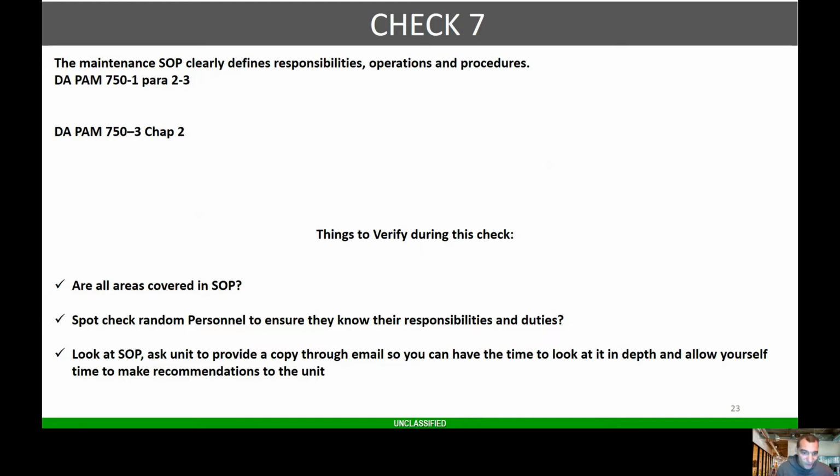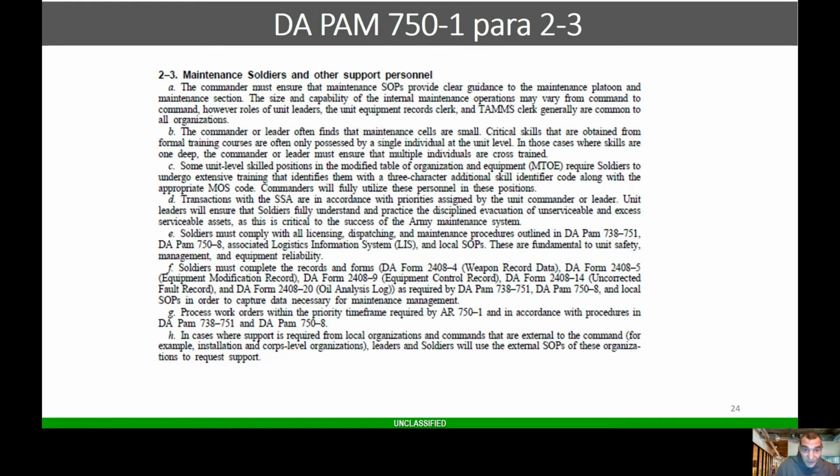I normally ask a unit to provide a copy through email ahead of the scheduled time, so I can sit down and go through each section and give them any pointers, or things that don't make sense, or things that should not be in there. Then at the end of the inspection, I'll turn that over to them and say, hey, these are the recommendations on your SOP to make your maintenance program stronger. So here you go: the maintenance commander will ensure the maintenance SOP provides clear guidance. Just keep that in mind.